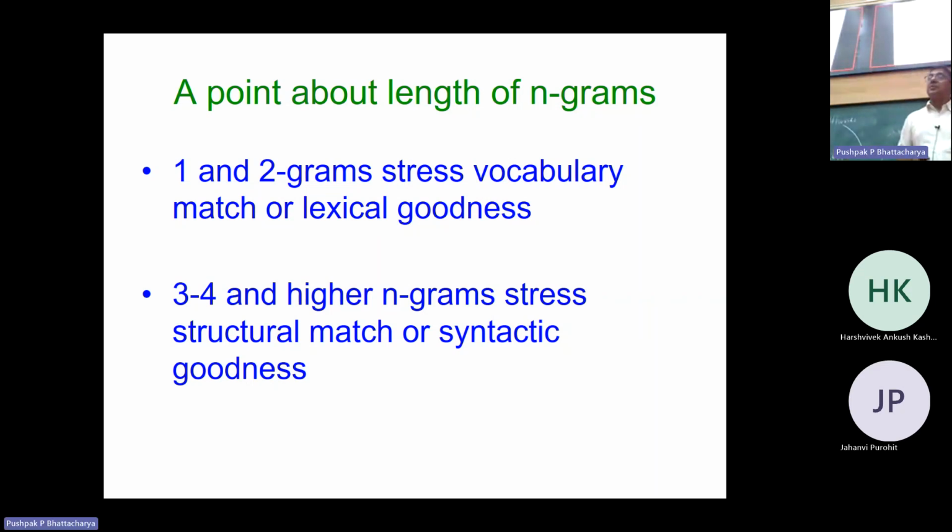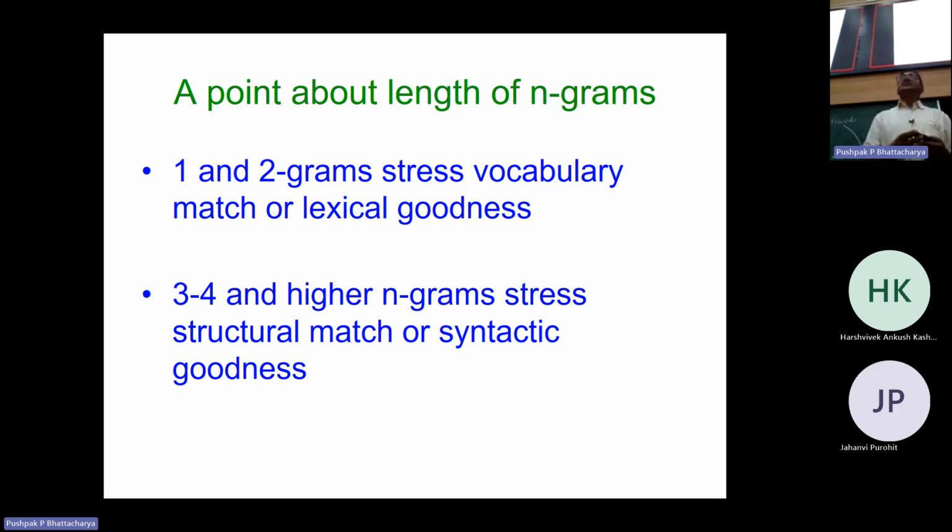Now, 3 and 4 are higher order n-grams. This match is required to do structural matching. Whenever languages are free word order, this kind of n-gram matching, where n is equal to 3 or 4, often gets into difficulty. Free word order languages can express the meaning in many different ways, and therefore you need many reference translations.